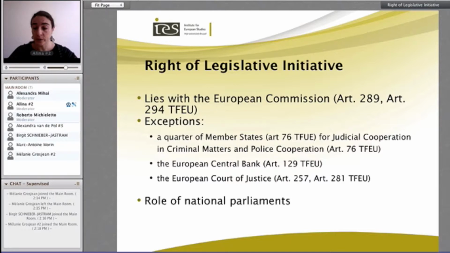What's crucial with regard to this is that it increases, of course, citizens' participation. It looks very nice, but at the end of the day, it's still the European Commission that decides, so they're not legally bound in any way to launch the legislative initiative.